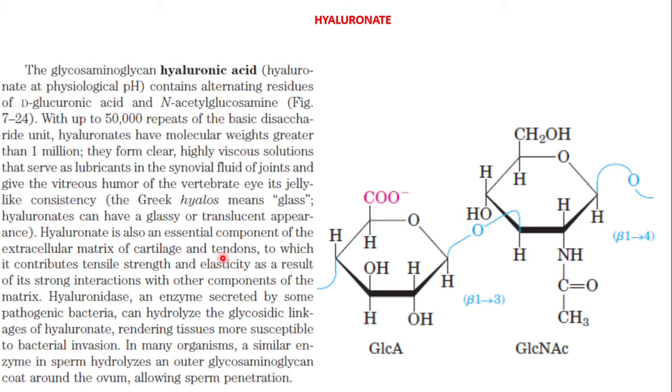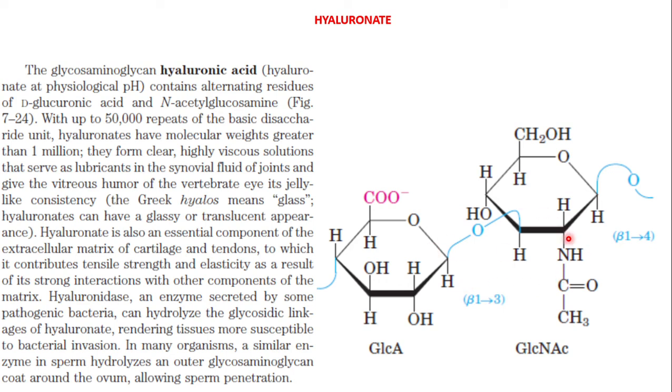And what is it formed of? You see here, what is it? It is glucuronic acid. It is not alpha, but it is beta. So beta D glucuronic acid is one of the components. Look here. One of the monomers.